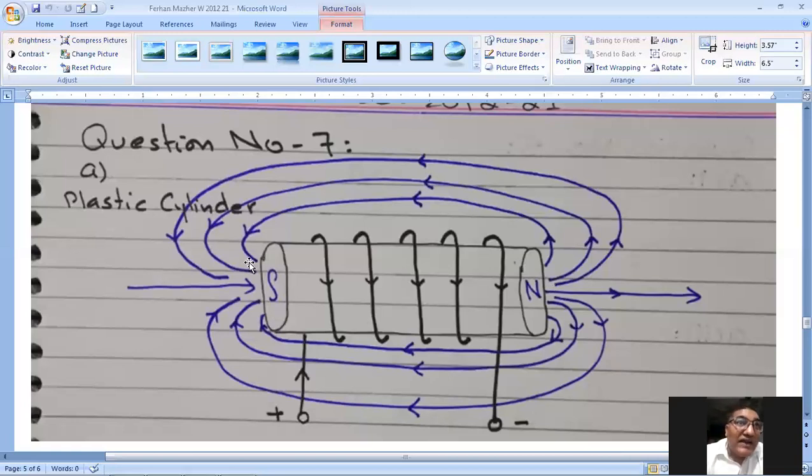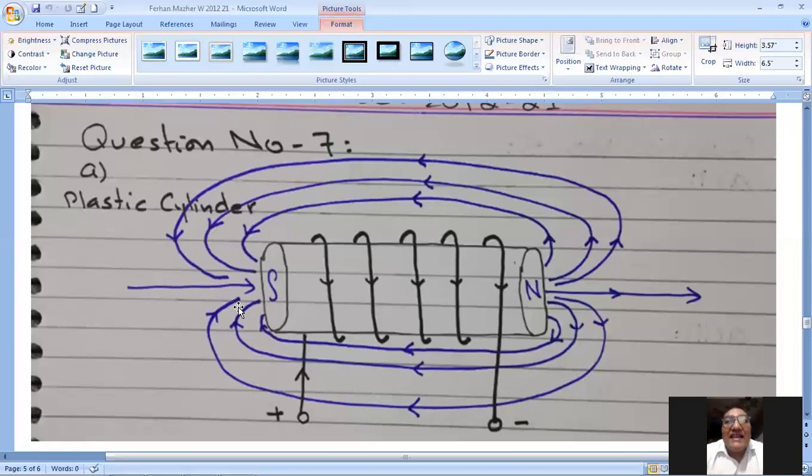And if you bring the other end in front of your face and you observe that the current is flowing in a clockwise manner, then that side of the solenoid will be the south pole.